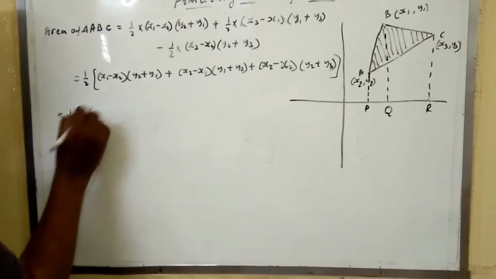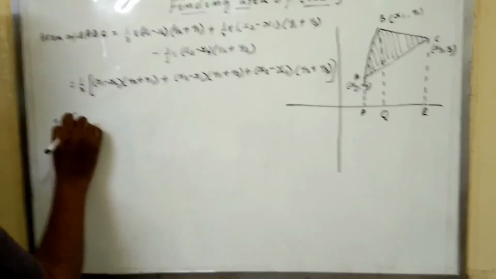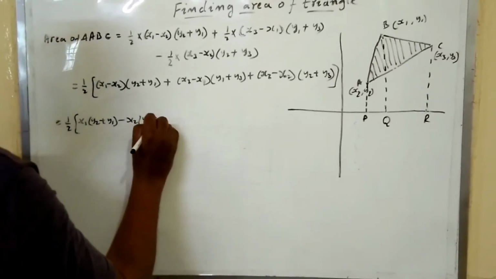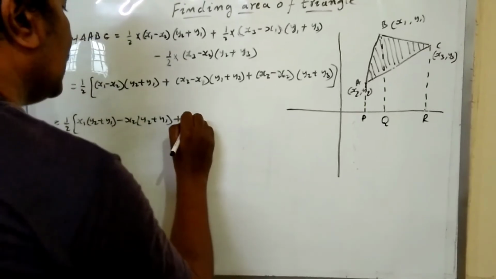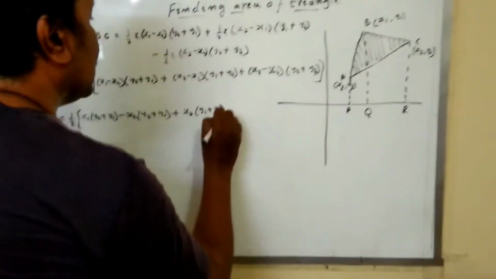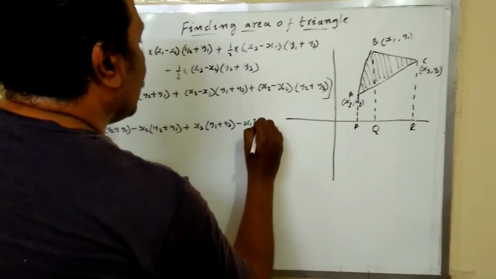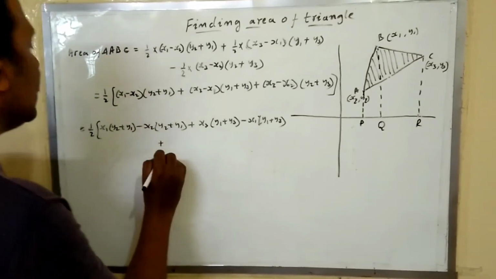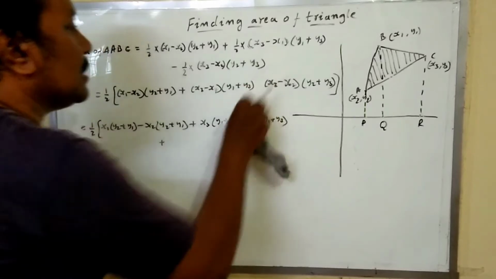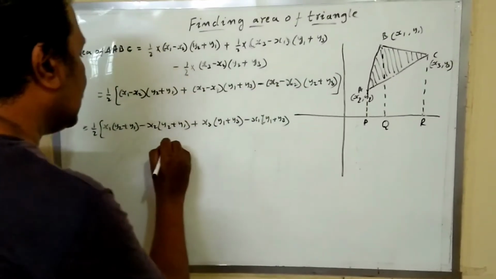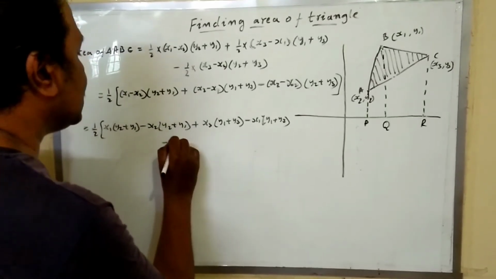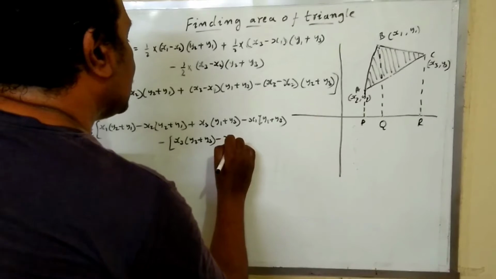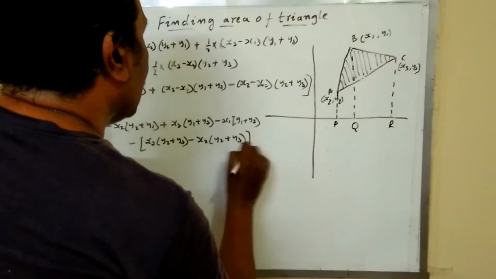Half into, okay, multiply: x1 into y2 plus y1, minus x2 into y2 plus y1, plus x3 into y1 plus y3, minus x1 into y1 plus y3, minus, keep it in the bracket again, x3 into y2 plus y3 minus x2 into y2 plus y3, close the bracket.